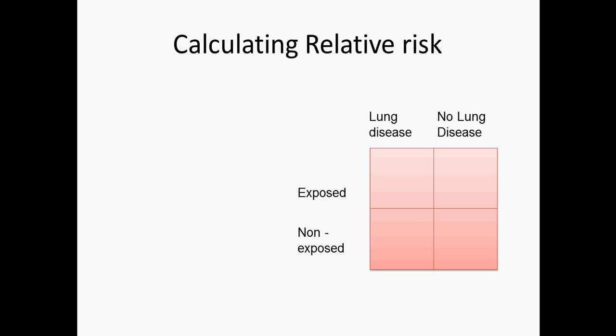This is an example of a cohort study done on factory workers who have been exposed to toxic substances, and we are trying to look at the development of lung disease in these workers. What we will try to compare is the incidence of lung disease amongst those who are exposed to the toxic substance and those who are not exposed.